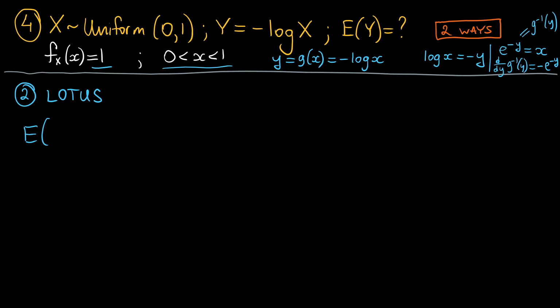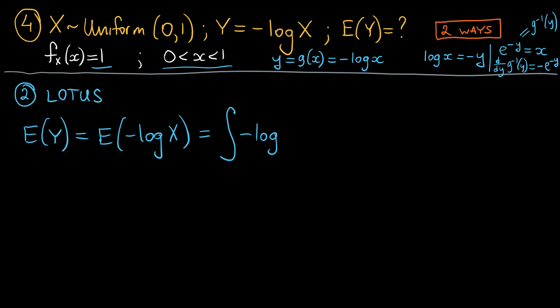What is the expected value of y? Well, y is minus log of x. Therefore, by LOTUS, this will be given by the integral of the function, which is minus log of x, times the PDF of x. That's the key.